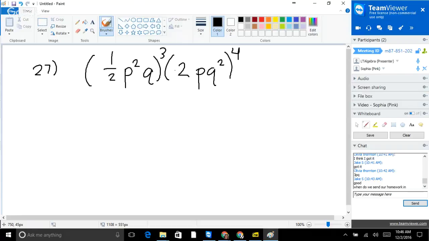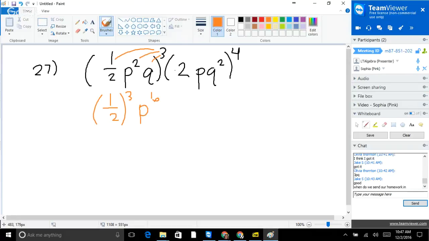So what we're going to do is distribute our cubed thing. So we've got 1/2 cubed. We're just going to leave it like that. And then we have p squared cubed. Do you know what that would be? P to the 6th, right?